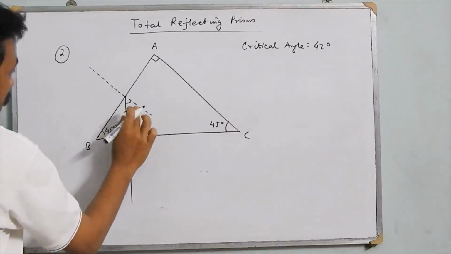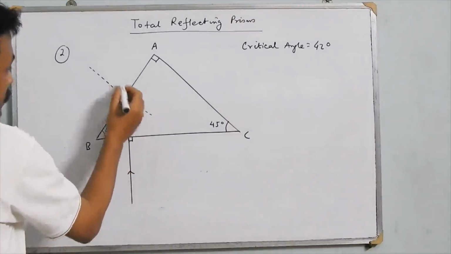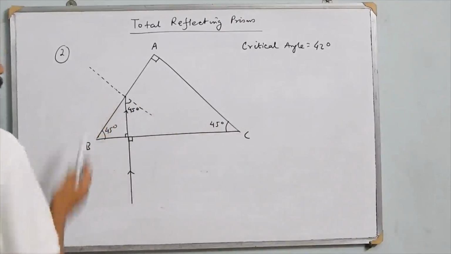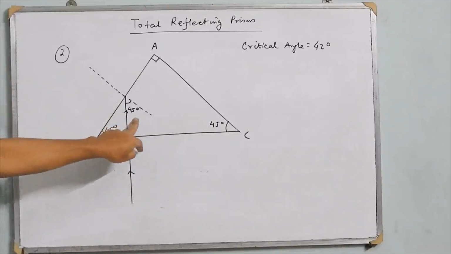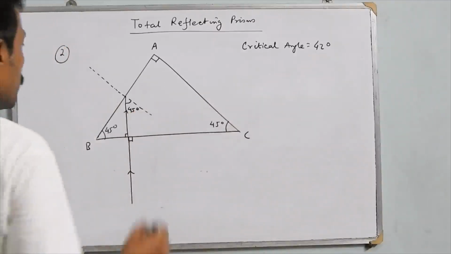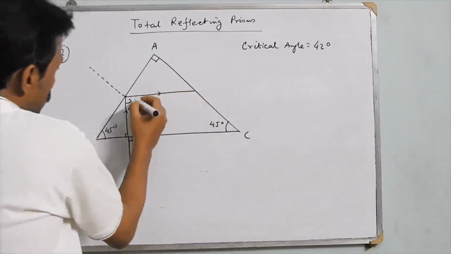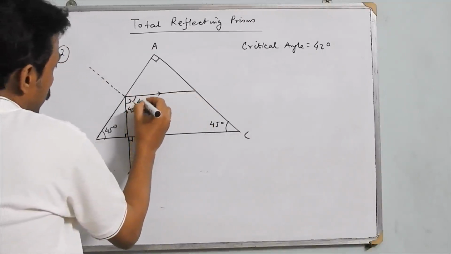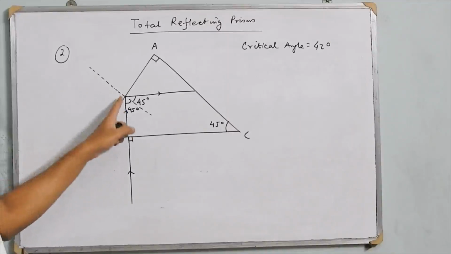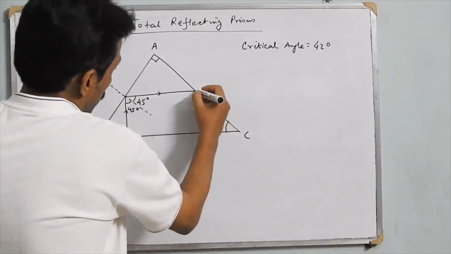Because this is made up of glass, the ray is moving from denser to rarer, and now your angle of incidence is greater than 42 degree, so total internal reflection will occur and it will move in this manner, because the reflected ray will make the same angle 45 degree. So it will rotate by 90 degree and it will hit the surface AC at some other point.